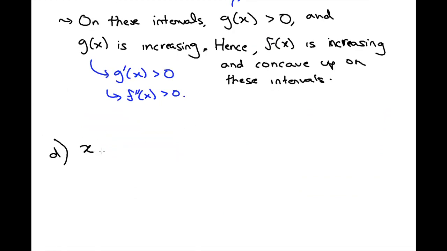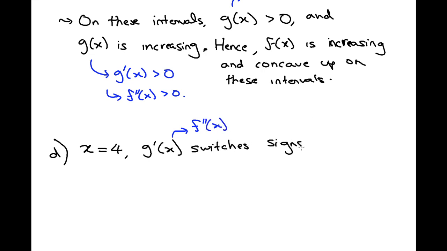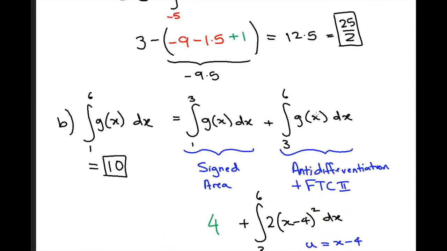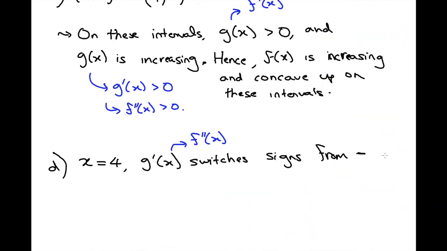It's x equals 4, and that's because g prime of x, which is the same thing as f double prime of x, switches signs from negative to positive at x equals 4.